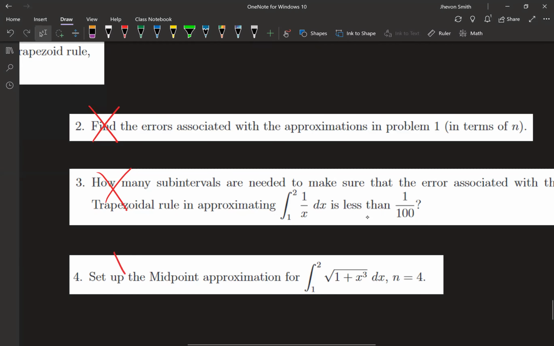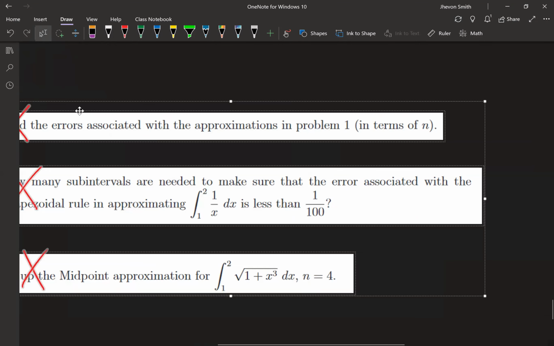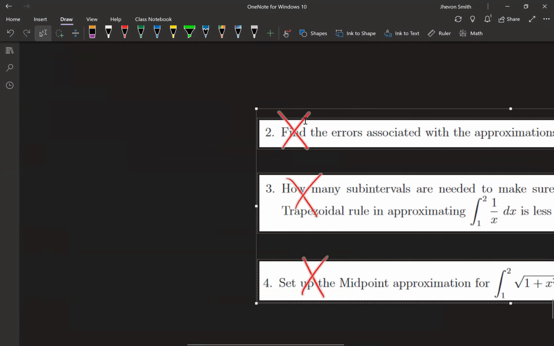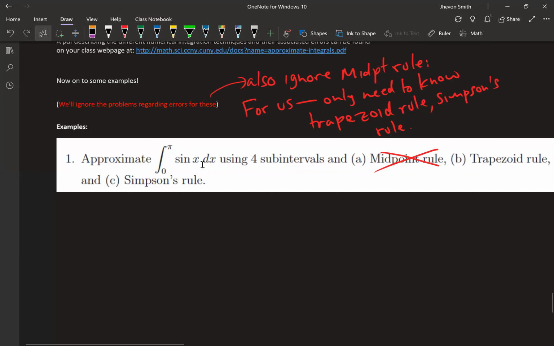And we're also going to ignore this. We can really do just one example because this is actually going to illustrate everything you need to know for your test next week or whatever. So let's actually look at that.